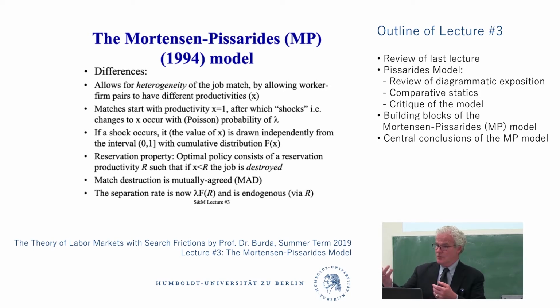You're my boss, I work for you, and our productivity evolves as I've described it. And we both face the same lambda. Lambda is universal for the entire economy. Okay, so if we split up and the boss had to get another worker, they would face the same lambda again. Yeah, but they start at 1.